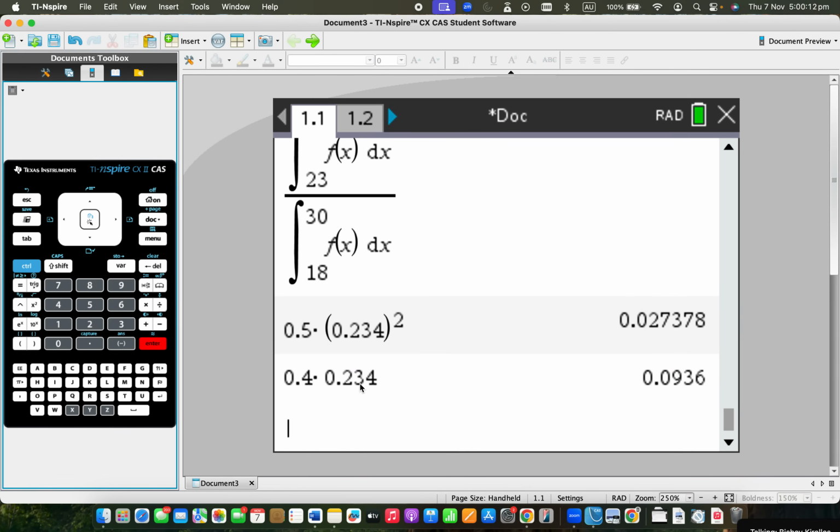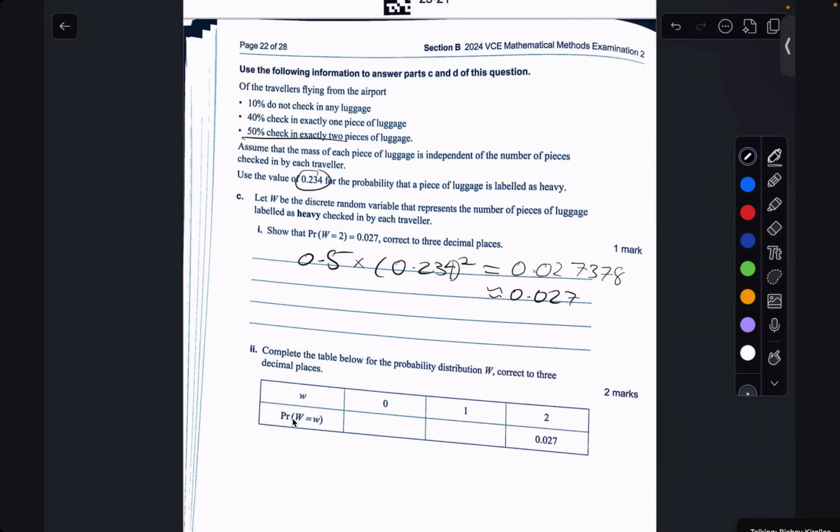Okay, well, let's just check if it adds up to 1 then. And then for the first one, well, 0.1 times... No, I'm doing something wrong.